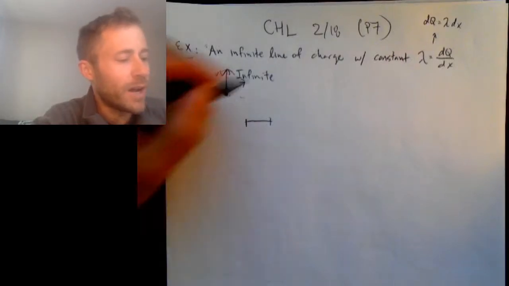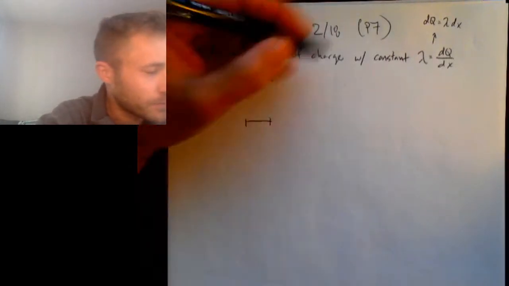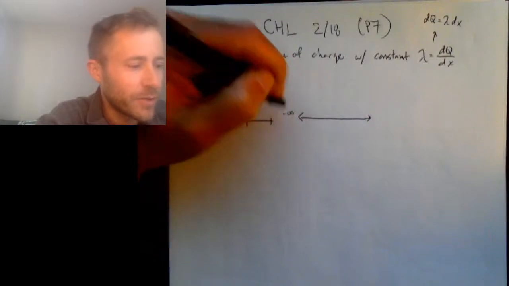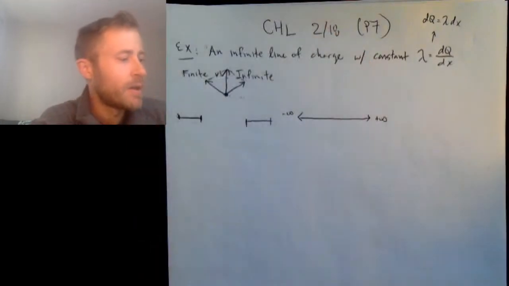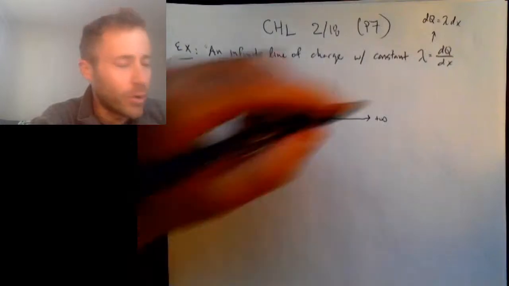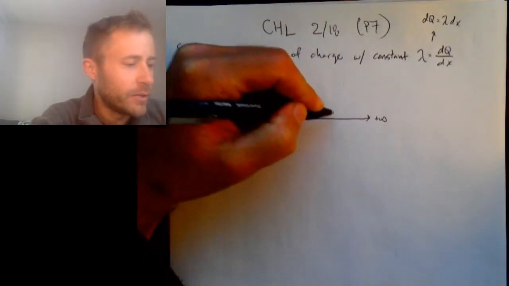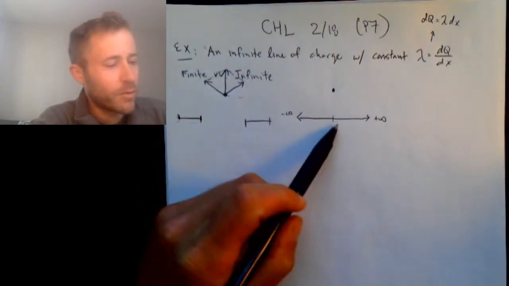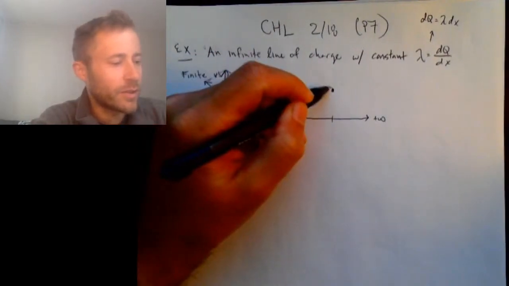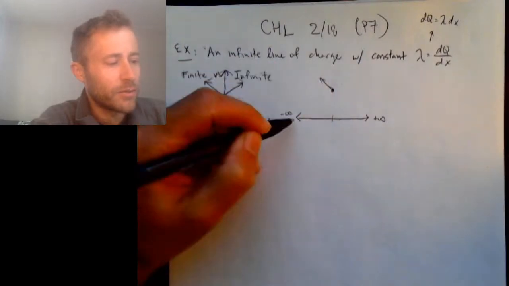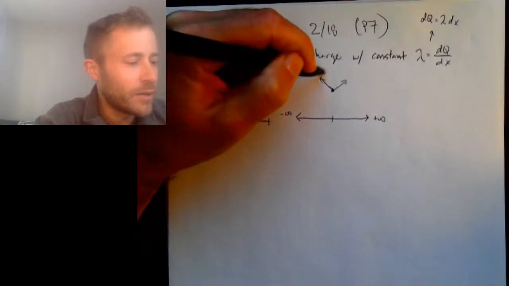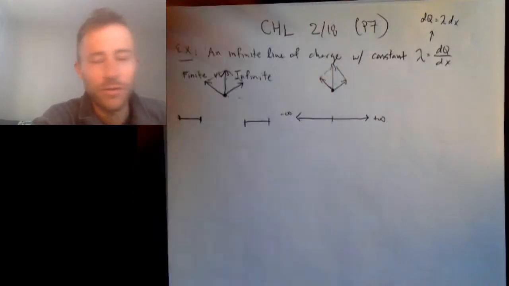Similarly, if you have an infinite line of charge, one that just goes on and on and on from minus infinity to plus infinity, and here's your point P, the right side creates an electric field that goes this way, and the left side creates an electric field that goes this way, and those combine to create an electric field that goes straight up.